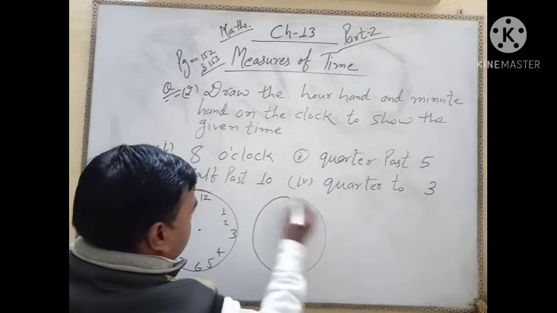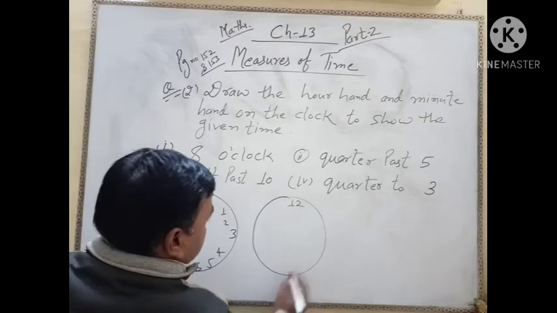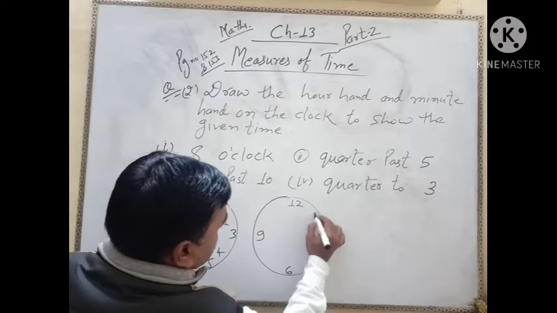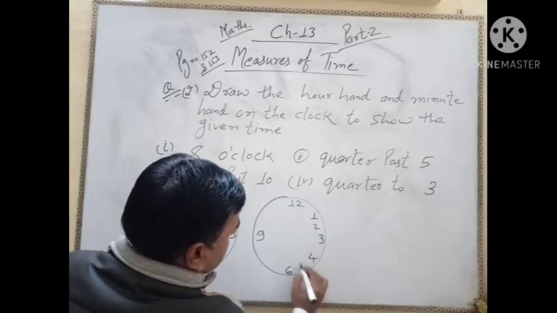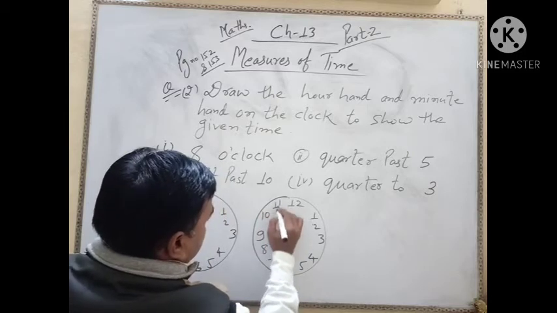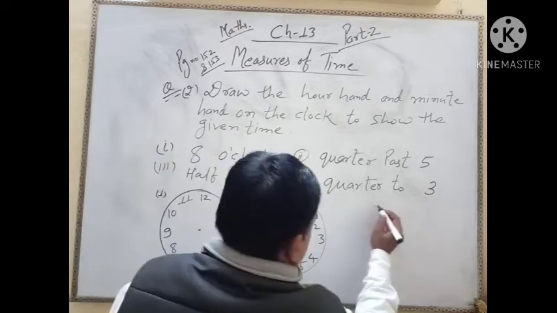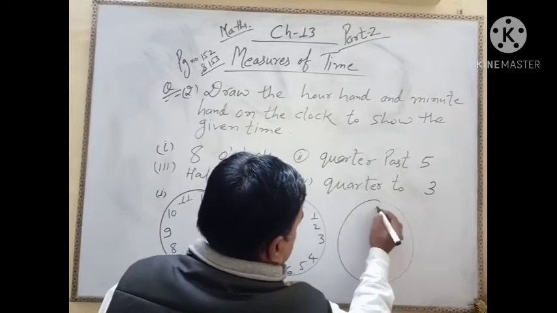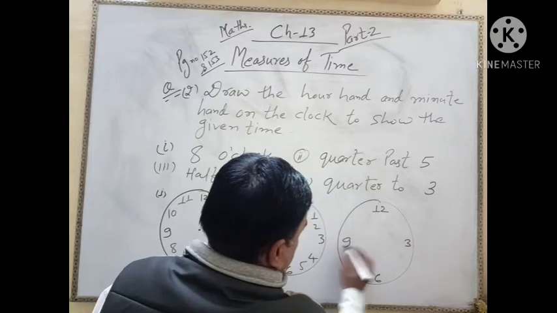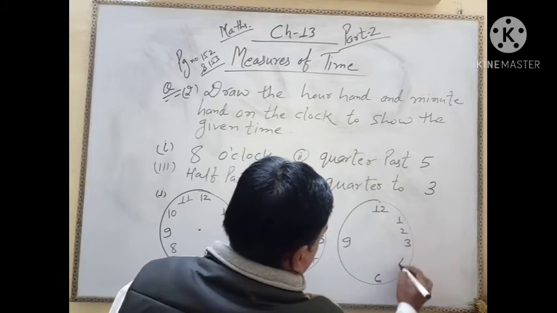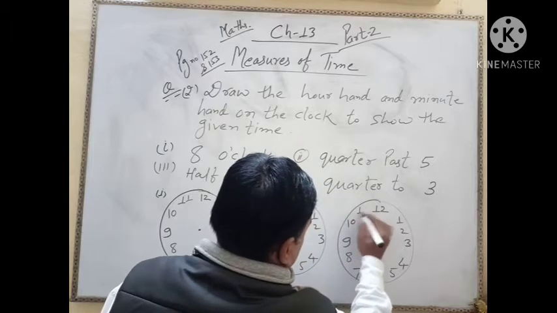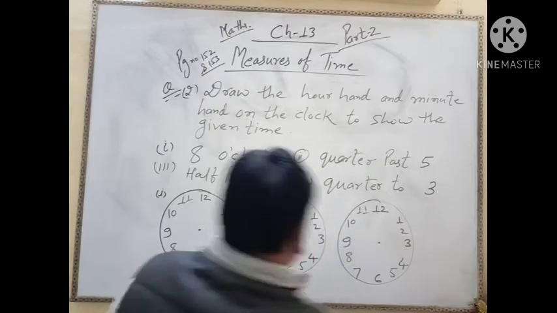Second. 12, 6, 3, 9, 1, 2, 4, 5, 7, 8, 11. 12, 6, 3, 9, 1, 2, 4, 5, 7, 8, 10, 11. Okay.